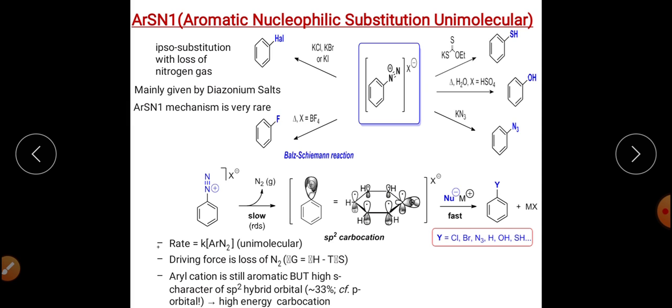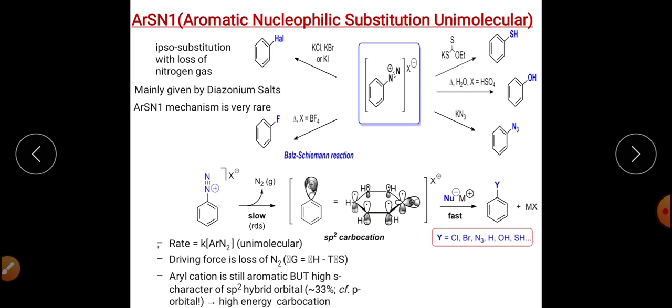So this is the ArSN1 mechanism, and as I have already told you, the elimination of molecular gaseous nitrogen is the driving force for this kind of reaction.